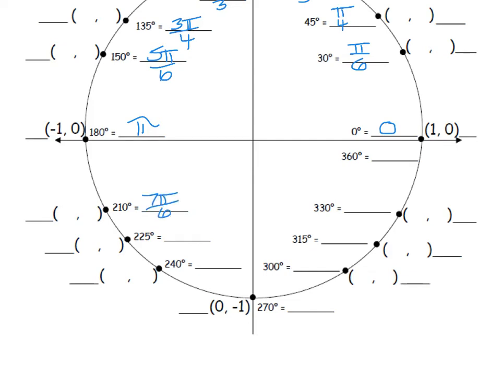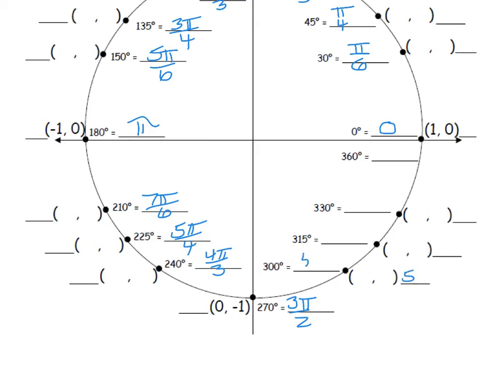And you can just count your fractions all along the way if it makes it easier. 5 pi over 4 radians, 4 pi over 3 radians, 3 pi over 2 radians.